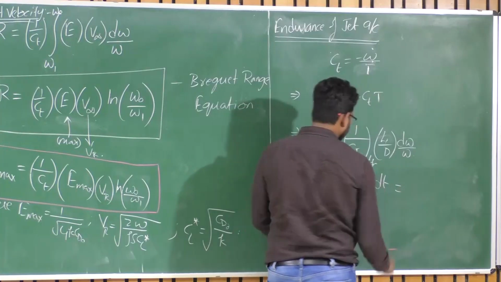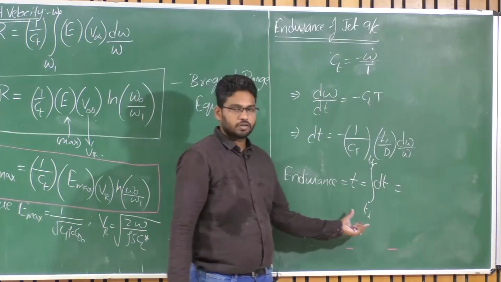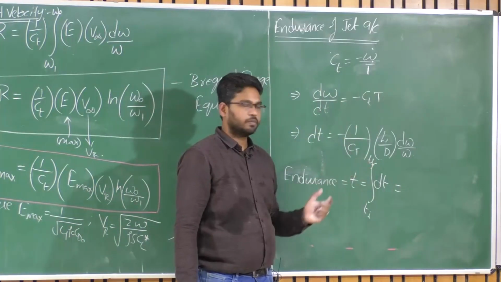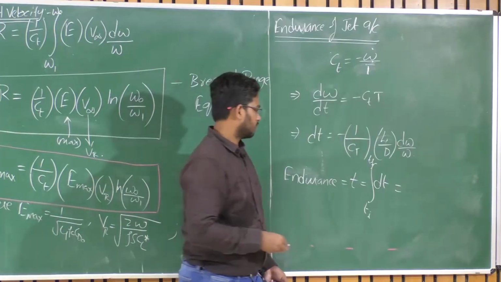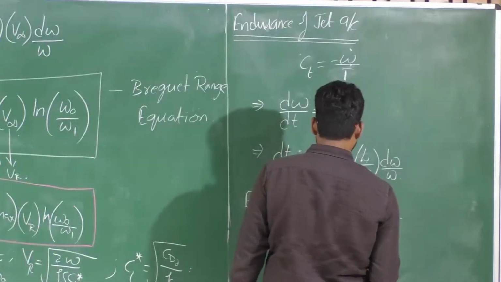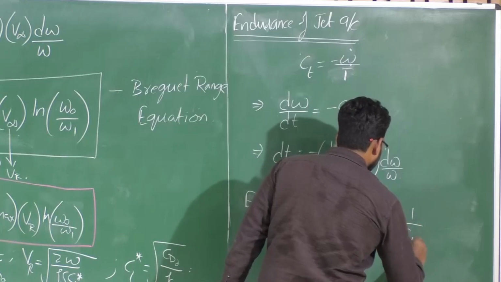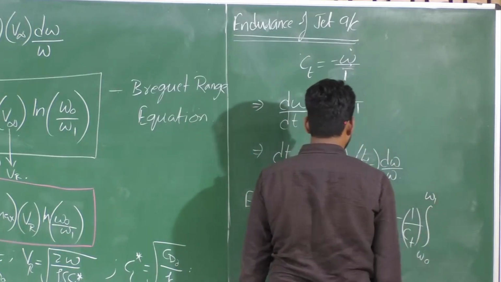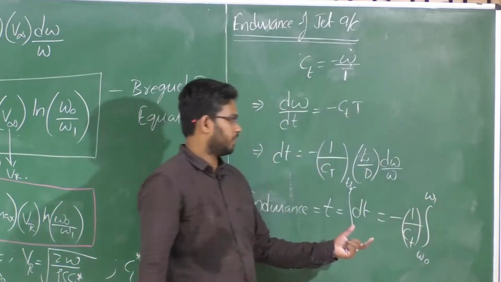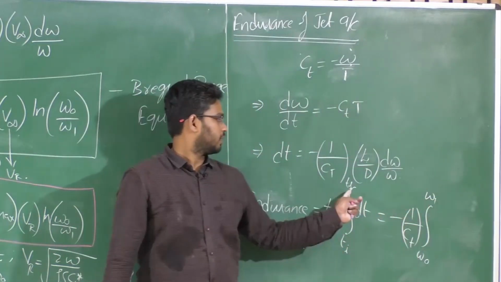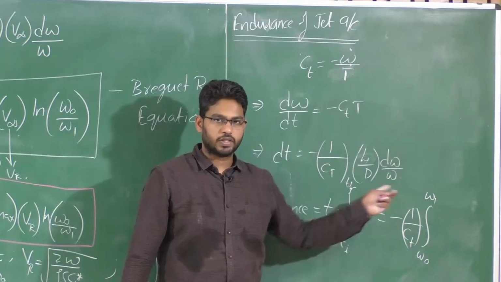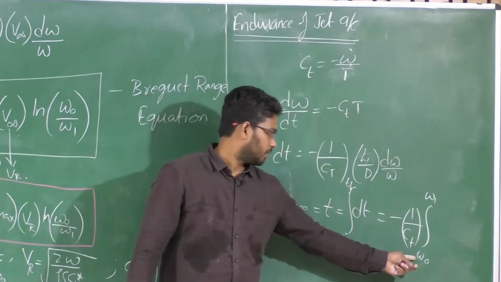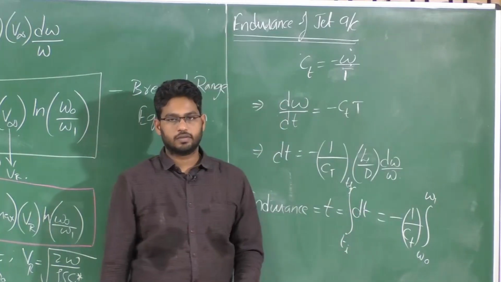Ti is the time at which the cruise is initiated, Tf is the time at which the cruise is terminated. So this equals minus 1 upon Ct times the integral from W naught to W1. W1 is the weight of the aircraft at Tf, and W naught is the weight of the aircraft at Ti.